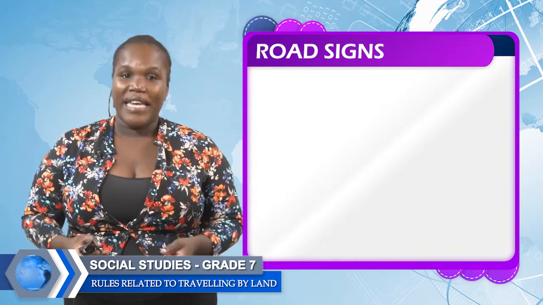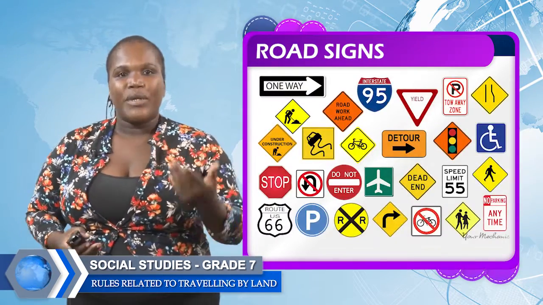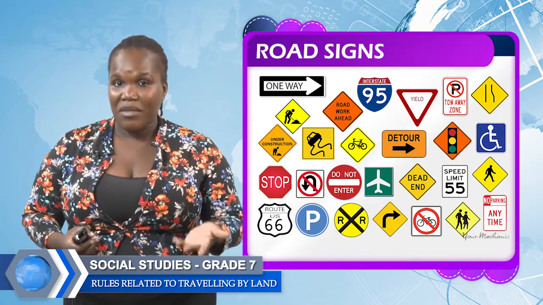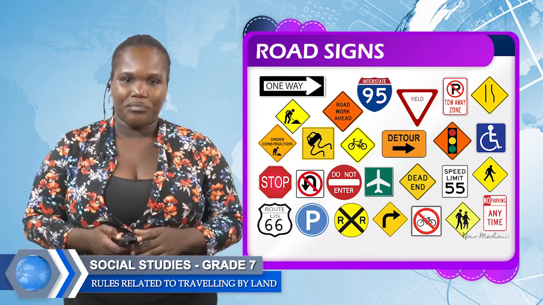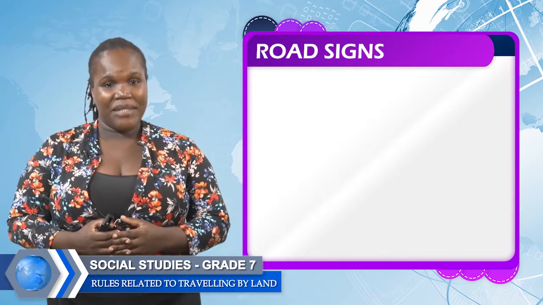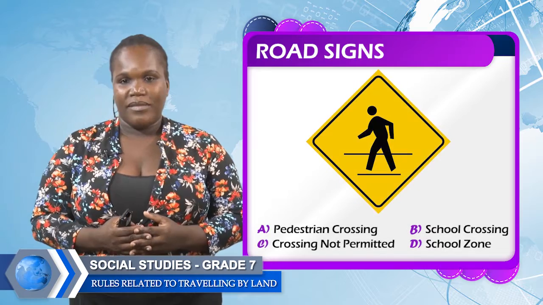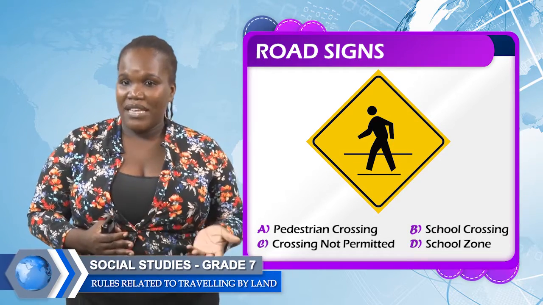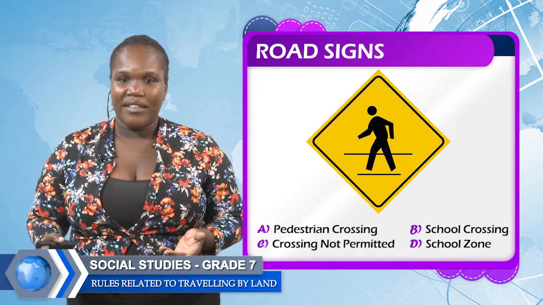So now we'll be looking at some signs that we would encounter when traveling on the road. Now you had to look at some of these for your homework. Let's determine what they mean. Can you see the sign? Is it A, pedestrian crossing? B, school crossing?